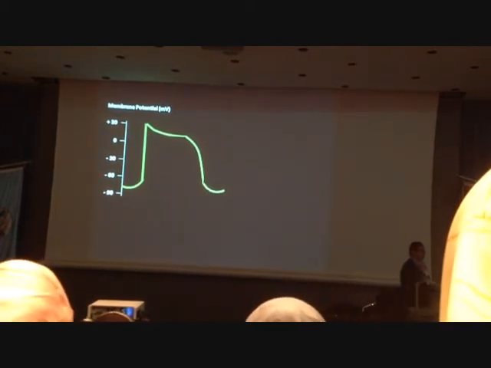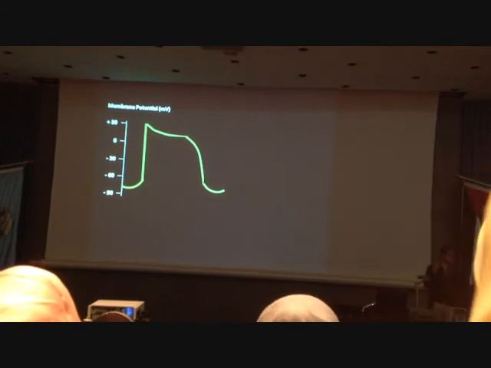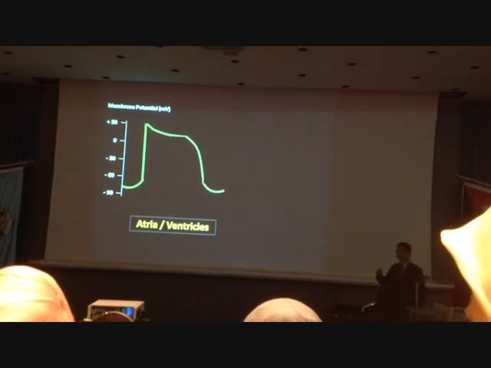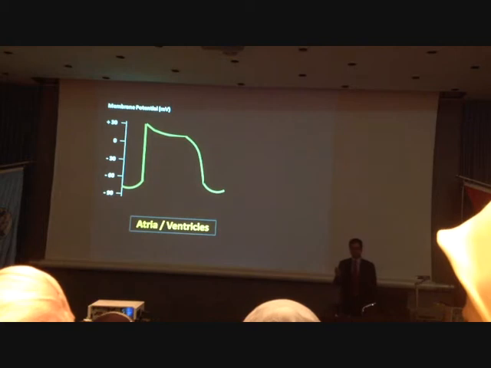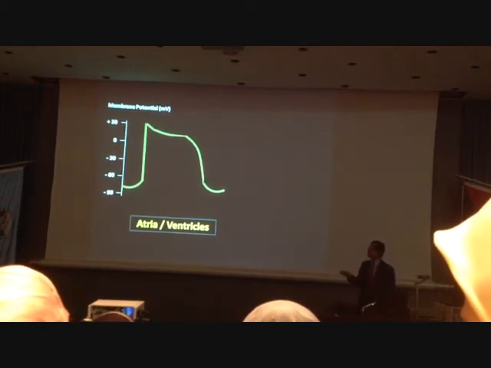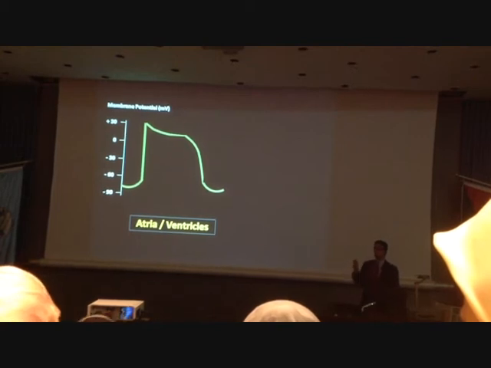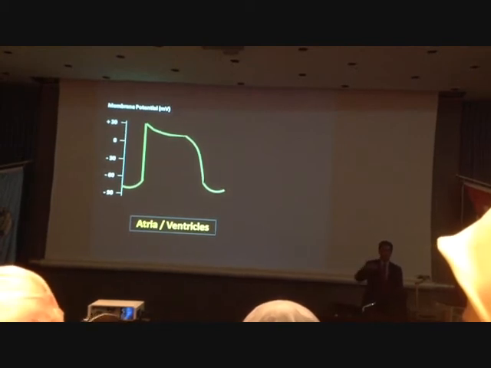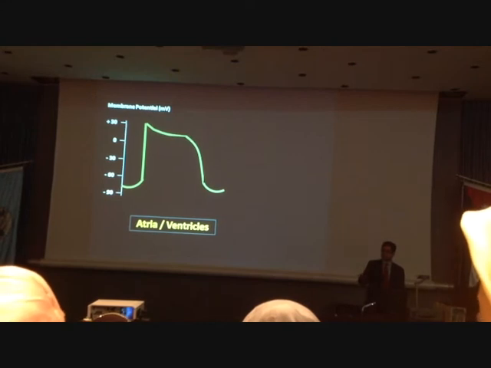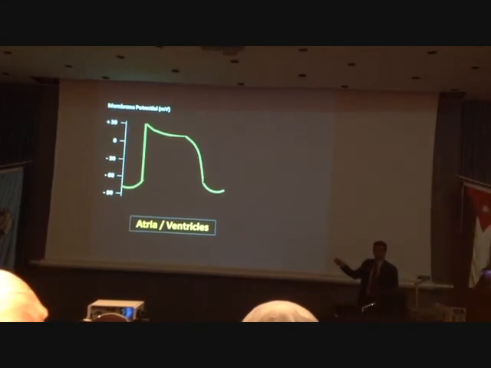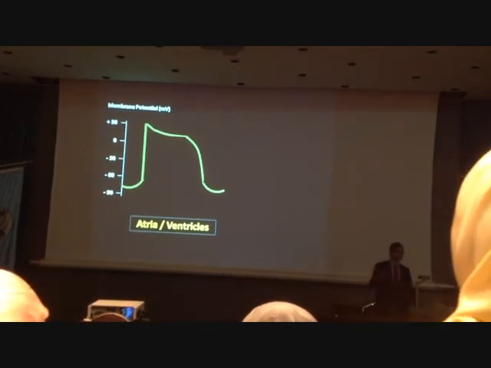Because this action potential strip represents only atria and ventricles. And this is particularly easy to understand because it has this phase 2, which represents the sustained contraction. So it should be represented here in the atria and ventricles.